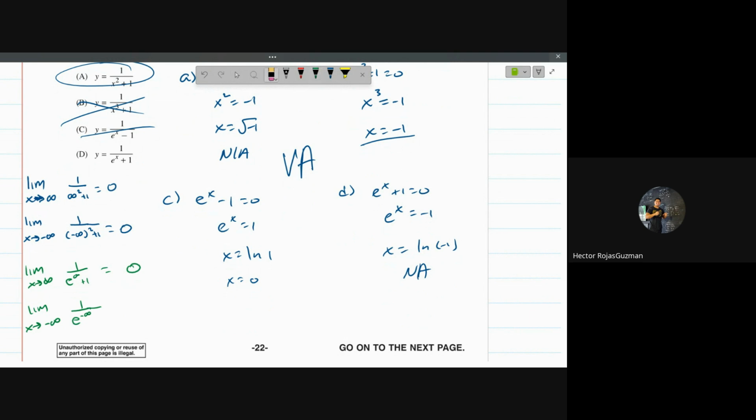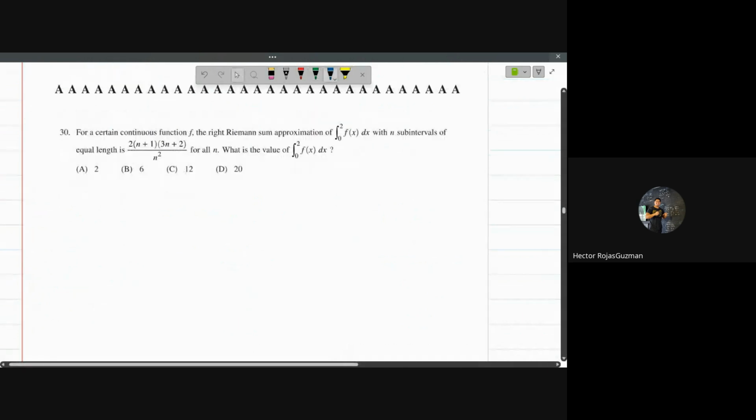You can basically take it off for all of them if you wanted to. Right? It's insignificant. We're dealing with the power functions here. So what happens when you have a negative infinity as an exponent? Well, it comes to the top, and that is no longer a horizontal asymptote. So there you go. 30.